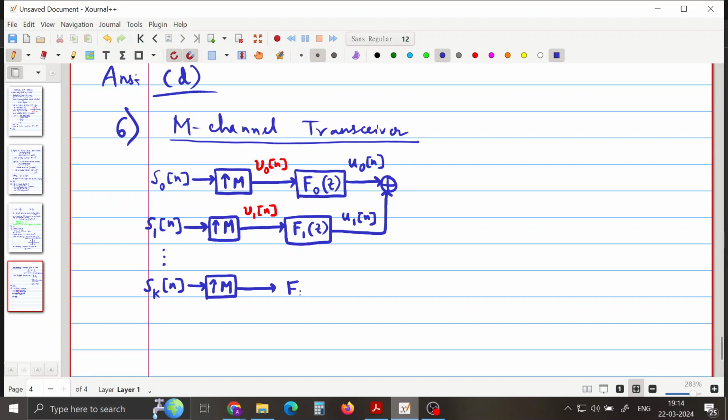That again goes to the filter fk of z, that goes to that adder, right? So all this dot dot dot, and again the intermediate sequence here would be vk of n, and this sequence here is uk of n, and so on. It continues till the last branch.